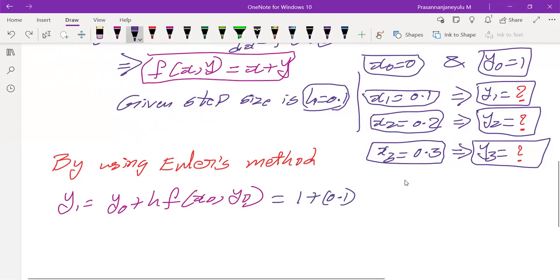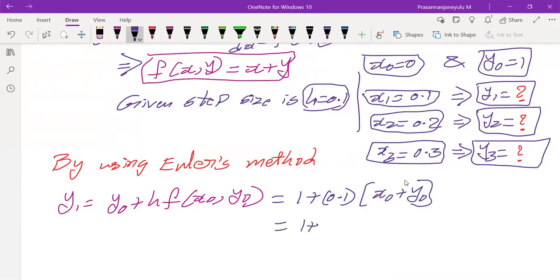F of x naught comma y naught as x naught plus y naught. Here also we have to substitute it. 1 plus 0.1 into x naught is 0, y naught is 1. So finally we'll get 1 plus 0.1 into 1 is 0.1. So finally we'll get 1.1 is the value of y1.